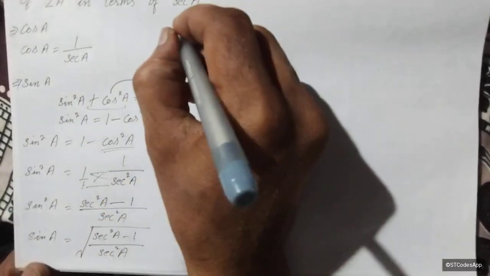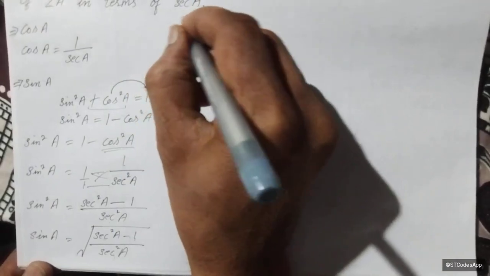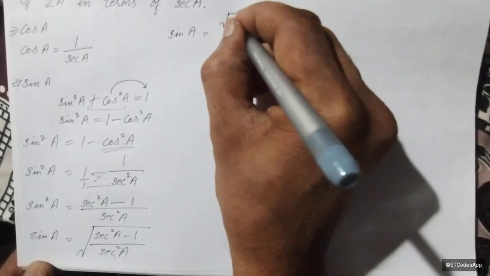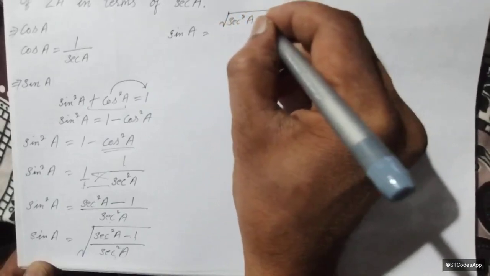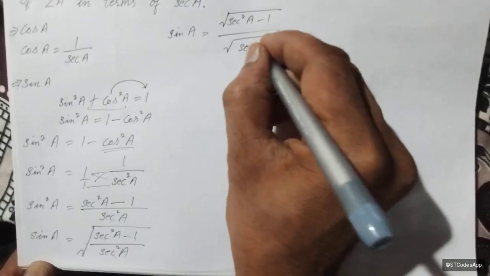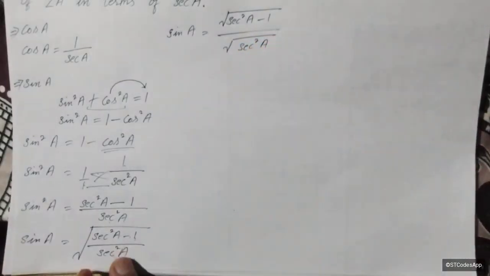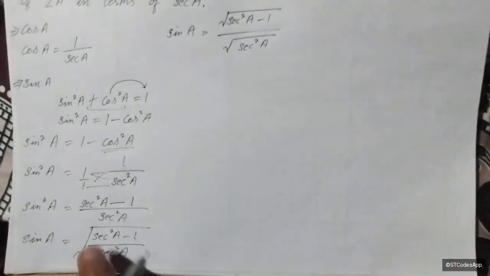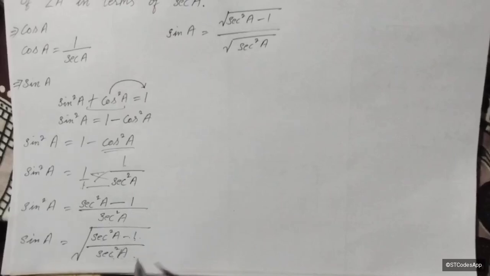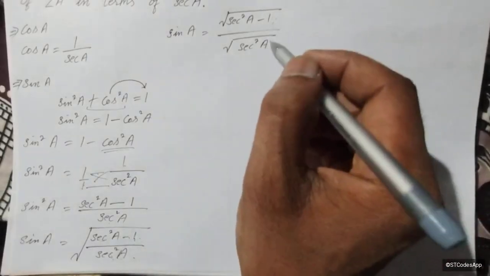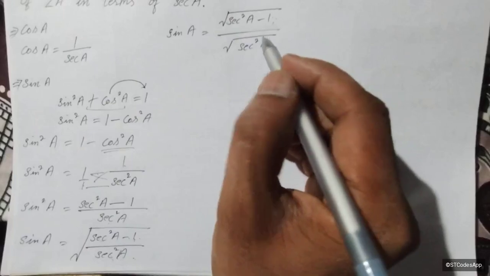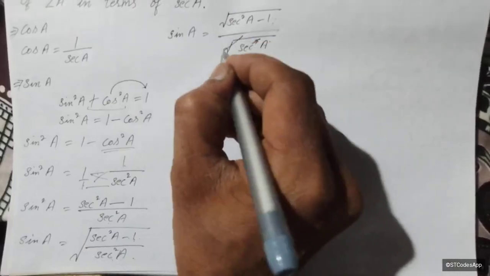Let me write it so that you can understand better. It is under root of sec square A minus 1, divided by under root of sec square A. Under root is on both numerator and denominator. Upside we cannot solve, only downside we will cancel the square with the under root.